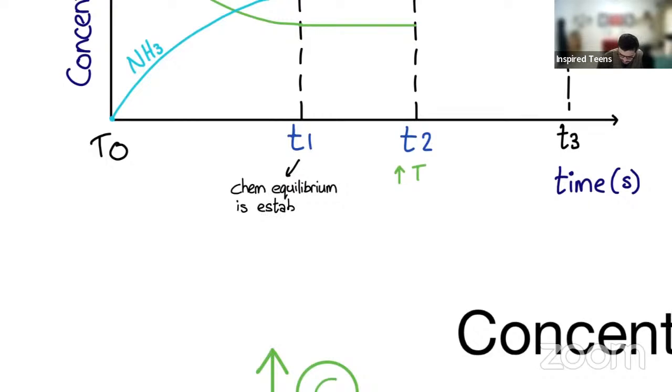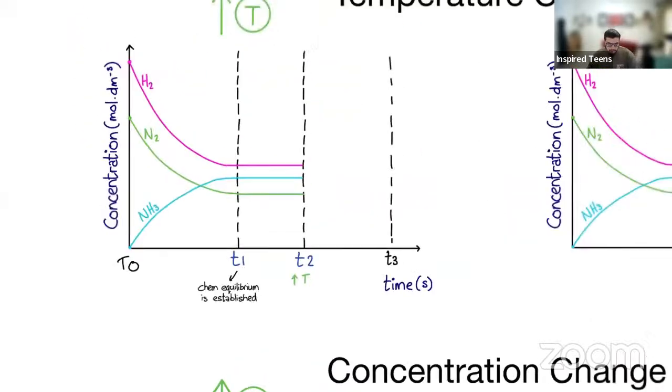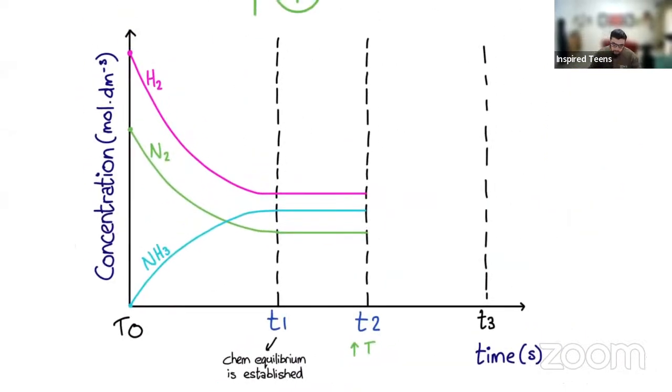Don't be confused if you see a graph that starts here, because some graphs just start at equilibrium since that's what is relevant. This is where chemical equilibrium has occurred.